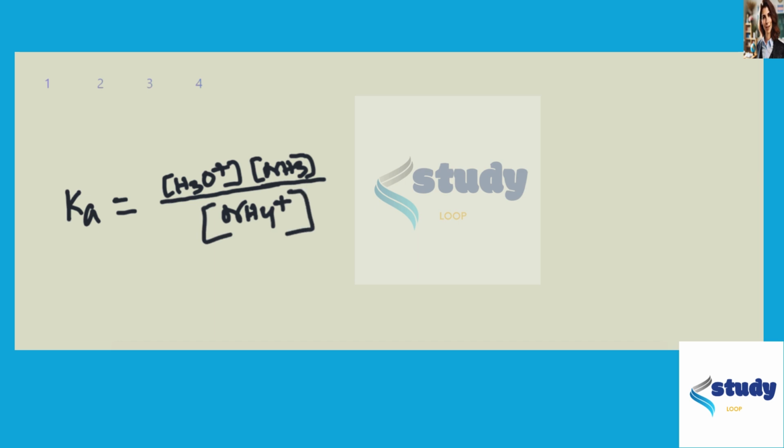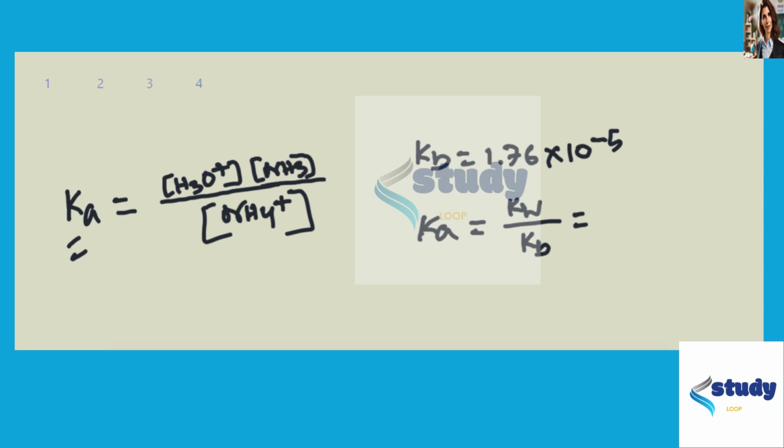We know all the concentration values here, but we have to find the value of x from this expression, and before that we have to know the value of Ka. We know the Kb for ammonia is 1.76 times 10 to the power minus 5, and Ka is Kw over Kb, where Kw is 1 times 10 to the power minus 14.